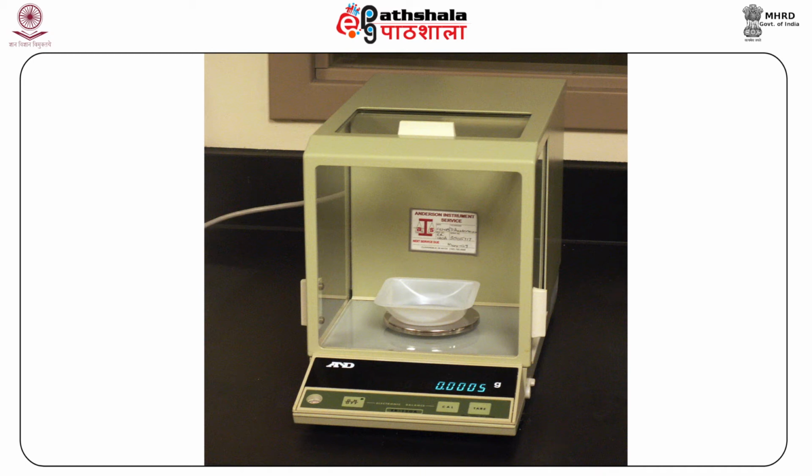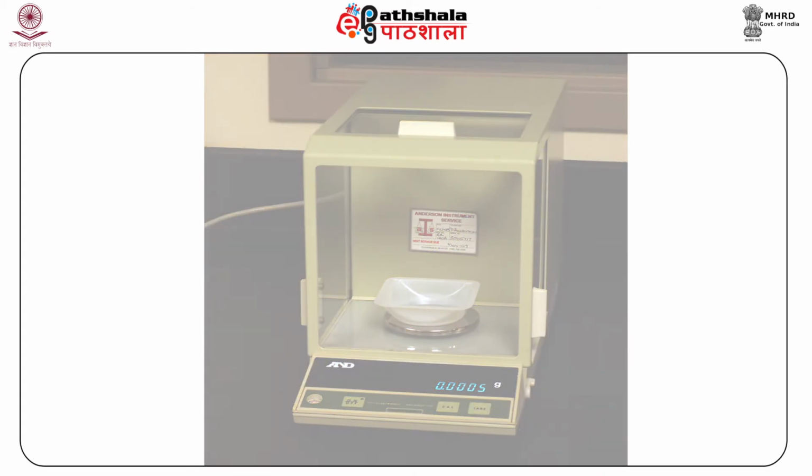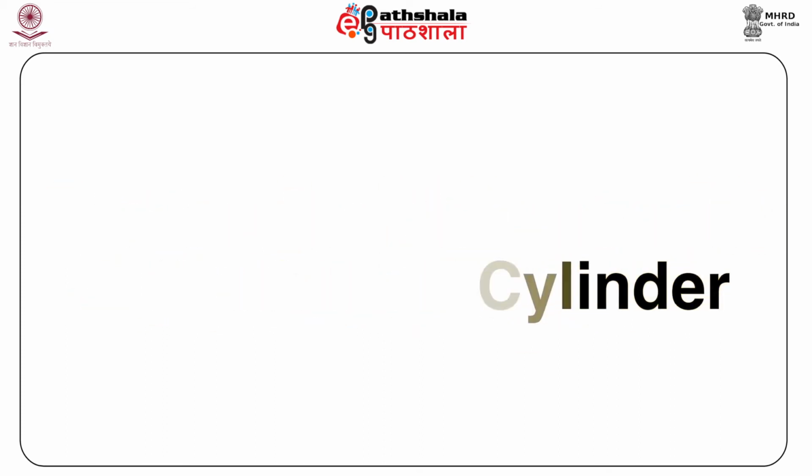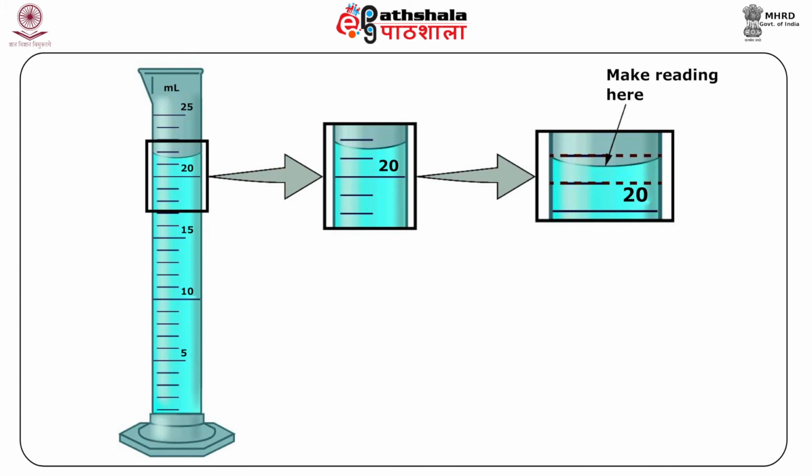However, when the vessel is taken off the balance, the display will become negative until the zero button is pressed another time. Next is measuring volume with a graduated cylinder. The surface of a fluid in a cylinder curves to form what is called a meniscus.